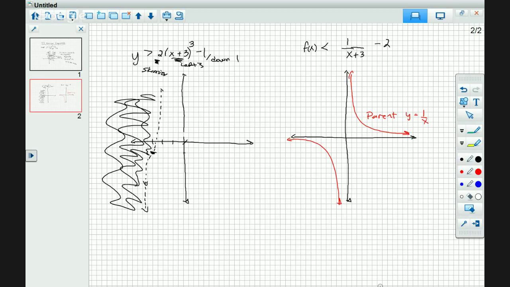With rational functions, do you remember the word asymptotes? Yeah, these are asymptotes, so it never touches them. You can always draw crossbars for rational functions at these spots. So left 3, 1, 2, 3. So I'm going to draw a dashed line. And down 2.